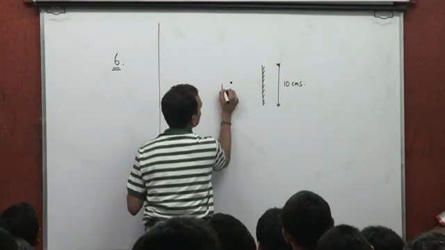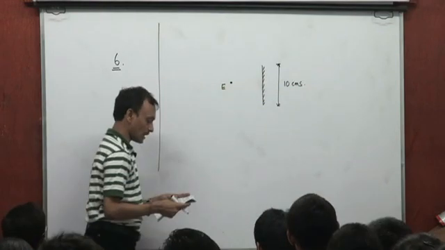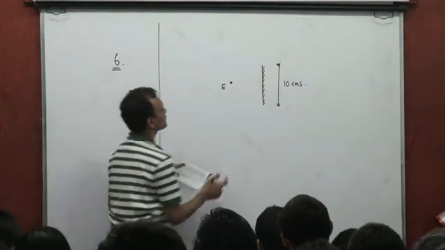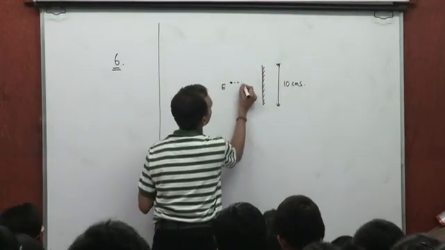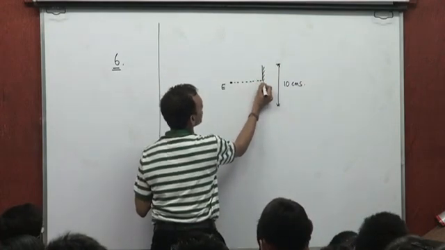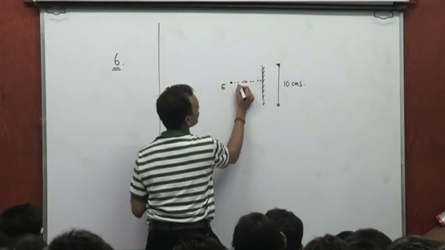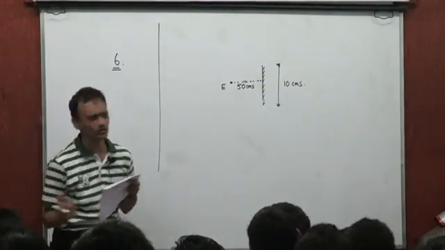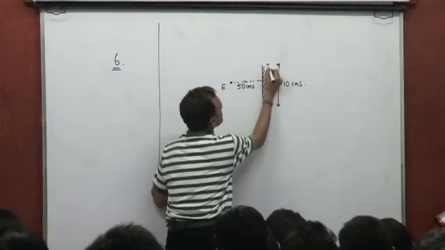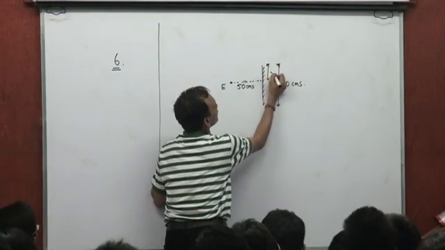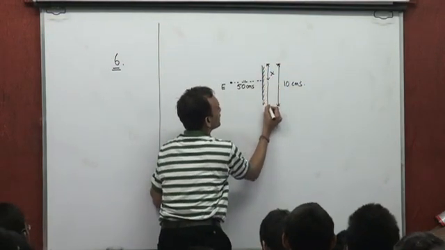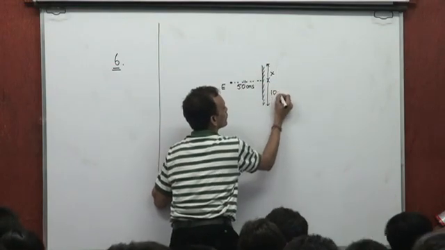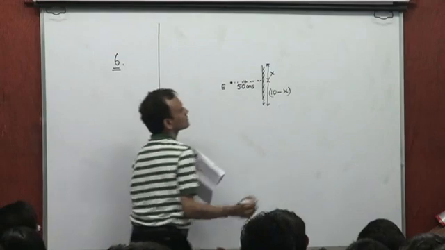The person's eye is here. And the person is 50 centimeters in front of the mirror. We do not know where the eye is exactly located. So let's say this is X and this is 10 minus X.